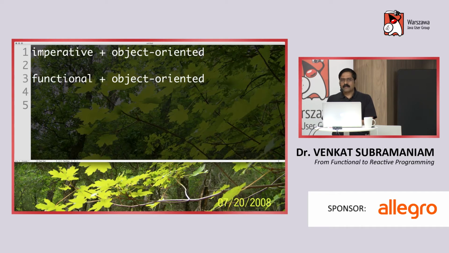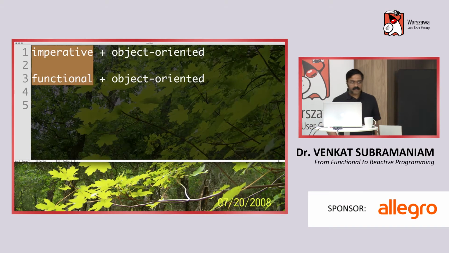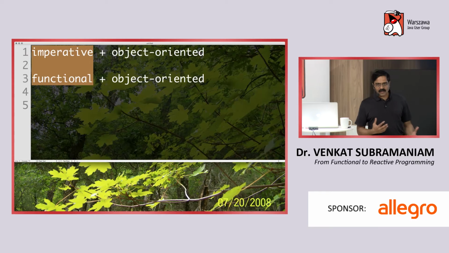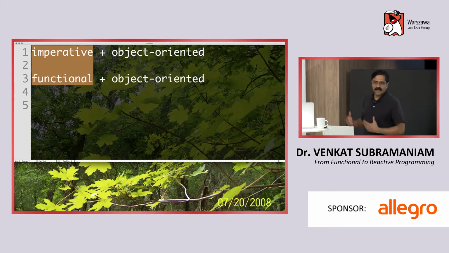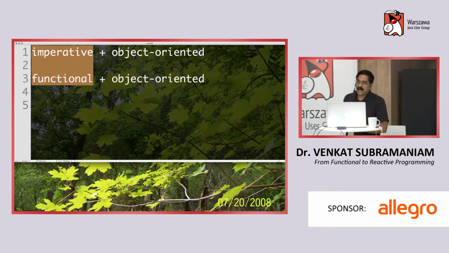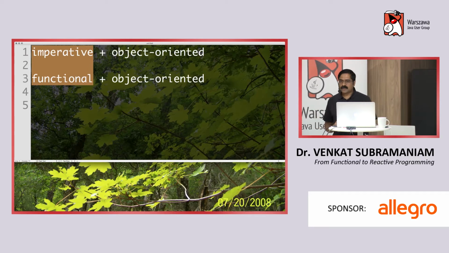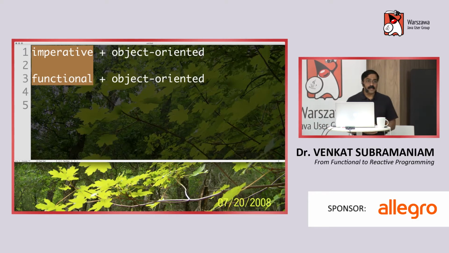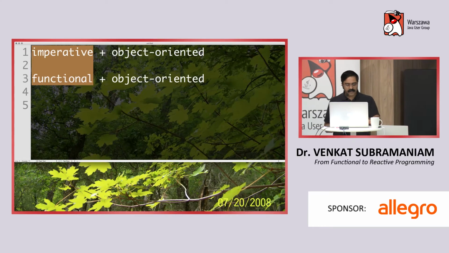So I see the real competition, if you want to call it that, is between imperative and functional, not functional and object-oriented. You could use functional without objects, obviously, but I don't think we should worry about mixing with objects, because objects do play a role and we can put them to healthy use, provided we know how to use objects.